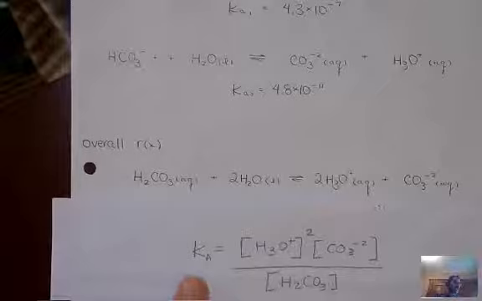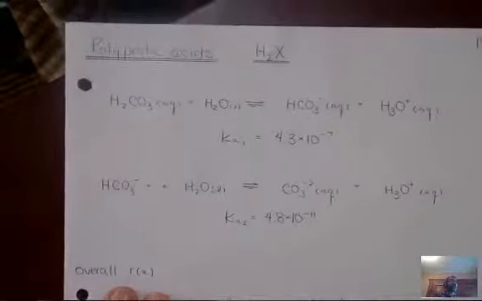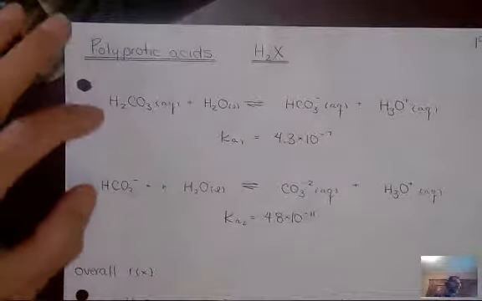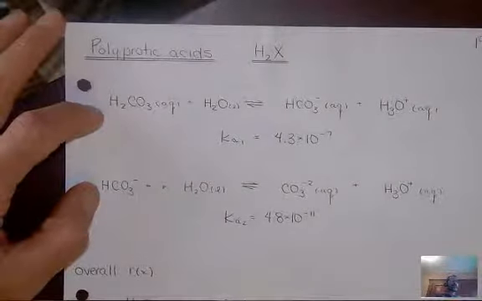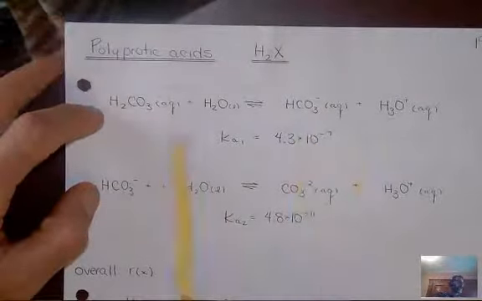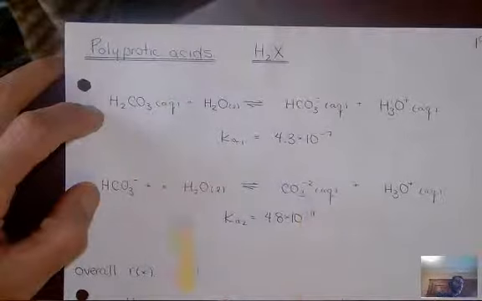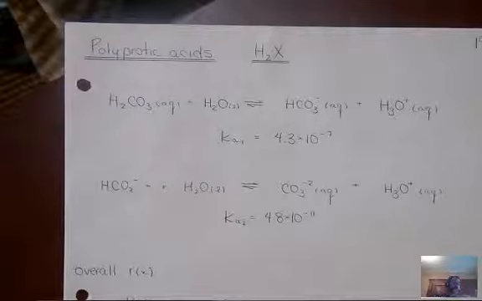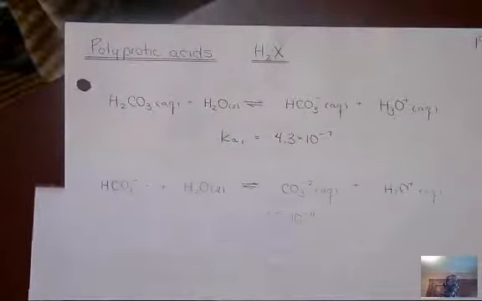So this is the overall equilibrium constant expression. These are the equilibrium constant expressions for the 2 individual ones. I could just write this times this divided by this for the first one, this times this divided by this for the second one. Okay. And you'd see, if you did all the math, all those things would cancel out, and then you still get this. Okay. That's for the overall reaction.